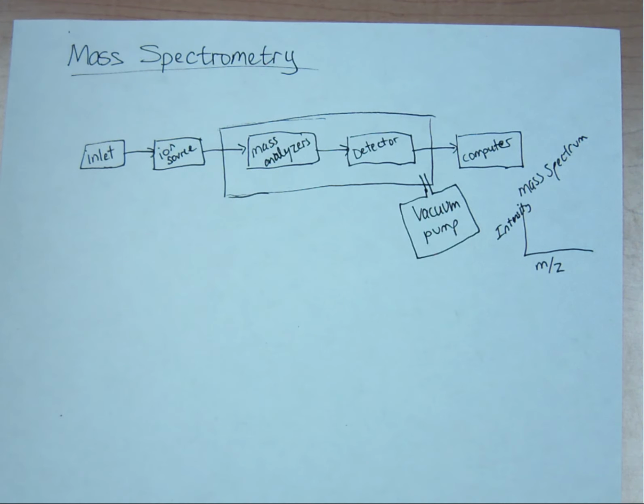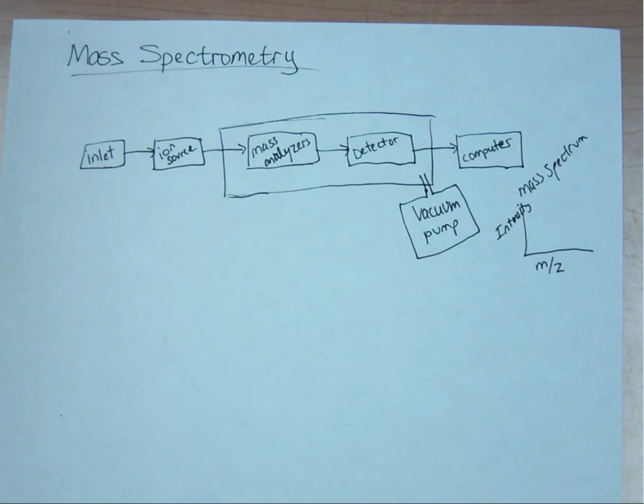There's not very many gas molecules. And the reason we want very low gas molecules around the mass analyzer and the detector is so that we avoid collisions. Because when you have collisions in the gas phase, you can end up with reactions occurring, and that's going to change what our analyte or our ion is if it's reacting with another gas. So we typically have this under a vacuum pump.